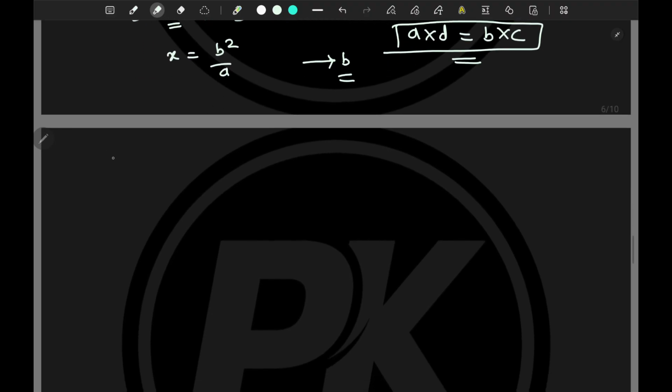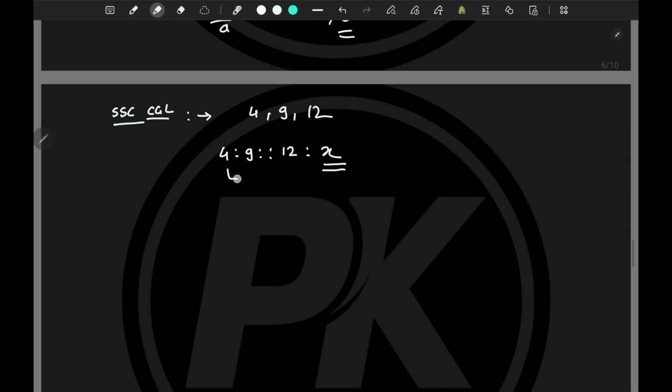There was a problem in an SSC CGL examination where they asked: find the fourth proportional to 4, 9 and 12. This is easy. That means 4 as to 9 is in proportion with 12 as to some number, let's say x. Using the product of extremes equals the product of means, 4 3s are 12, 9 3s are 27, and hence x is equal to 27.